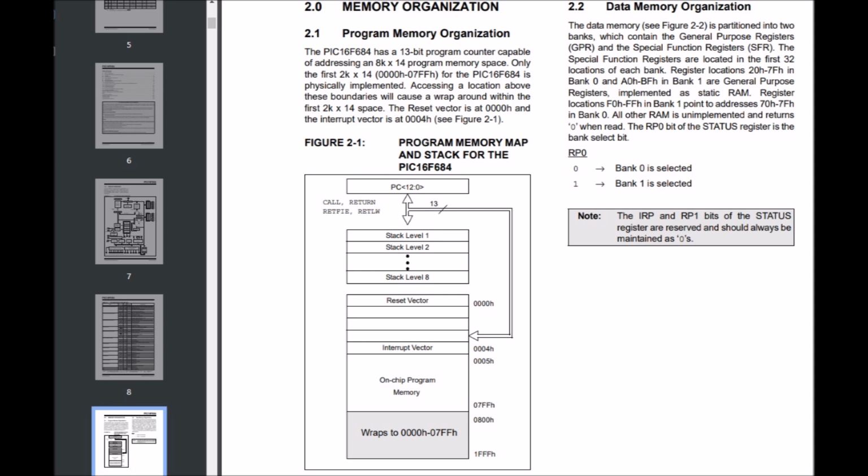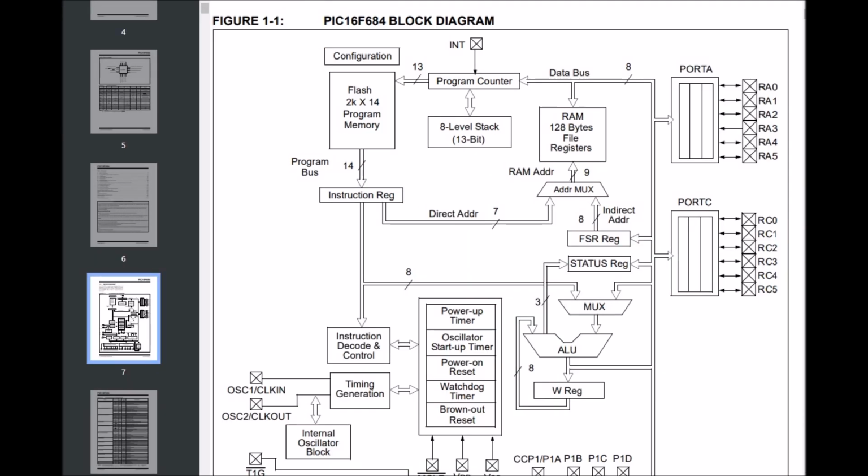Flash memory supports a limited number of write and erase cycles, typically around 1,000 cycles for each memory location, making it suitable for infrequent updates. Read only during operation. While the microcontroller is running, the flash memory is typically read-only, ensuring the stability and integrity of the program code.